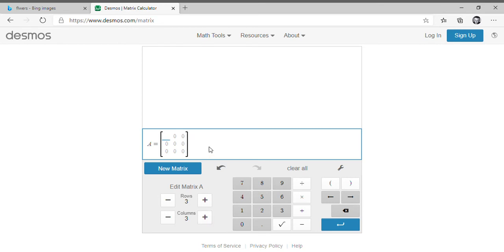This matrix is going to be the matrix of coefficients, which is the coefficients in front of D for dimes, N for nickels, and P for pennies. Or it could be just our X, Y, and Z if we have a different set of variables.